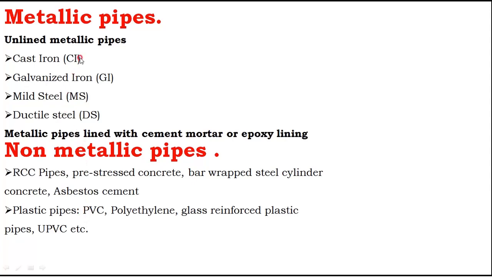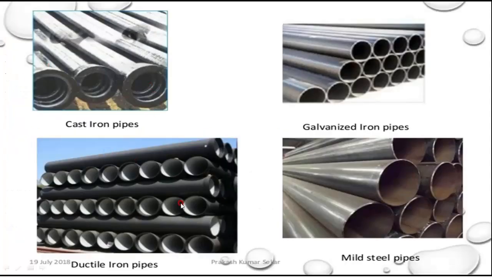You need to think why we have different metals in metallic pipes, why we are using different materials in non-metallic pipes. This all depends on the purpose you are using these. If you are using for water supply, I will explain it later, no problem.